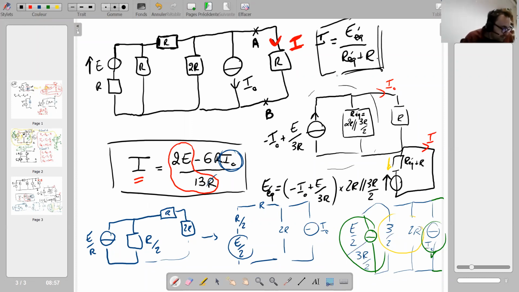And then you compute and you should find the result I just showed you. The mistake you can make is to change the sign of the current source or the voltage source each time you switch from Thevenin to Norton model.